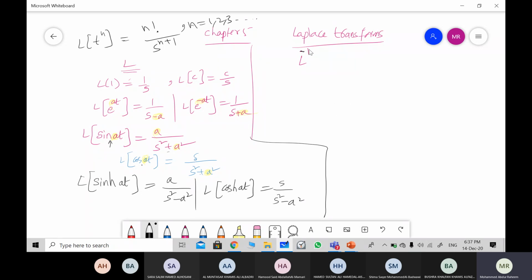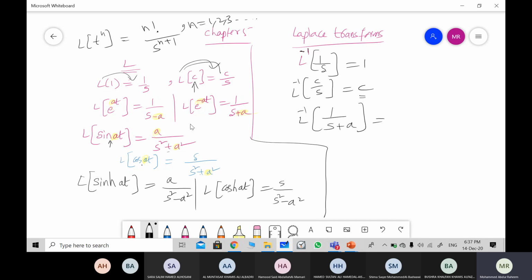This is L inverse. L inverse means inverse. If you change L to this side, it looks like this. L inverse of 1 over S is 1. L inverse of C over S is C. See? This is free now here. This one you need to write like this.